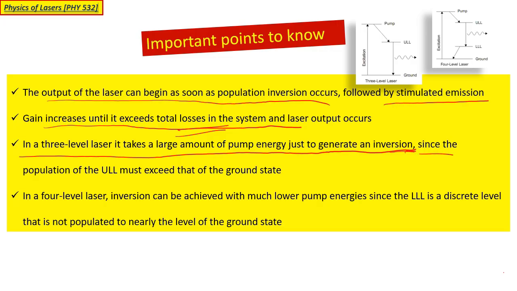The reason is that the population of the ULL must exceed that of the ground state; this is the population inversion.